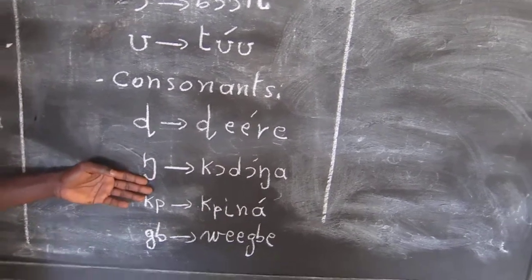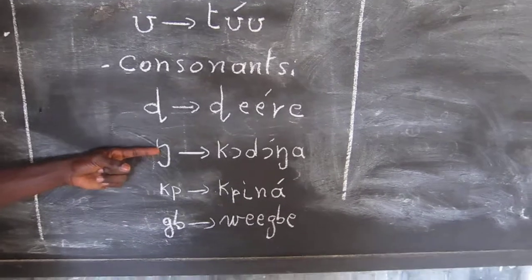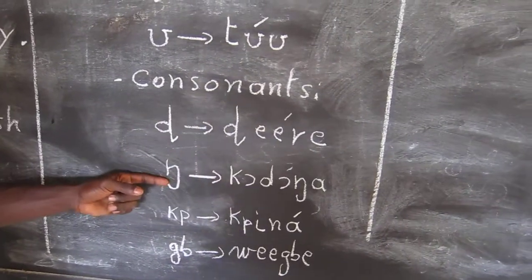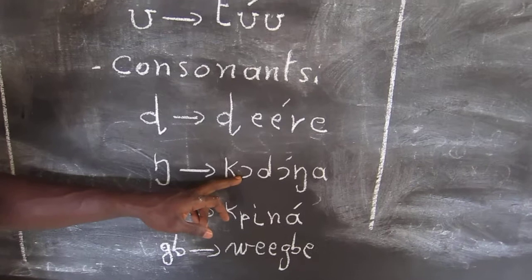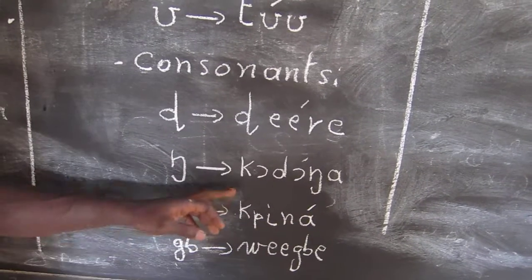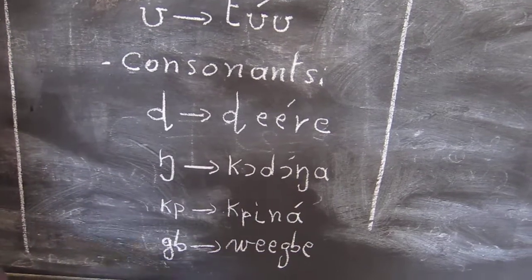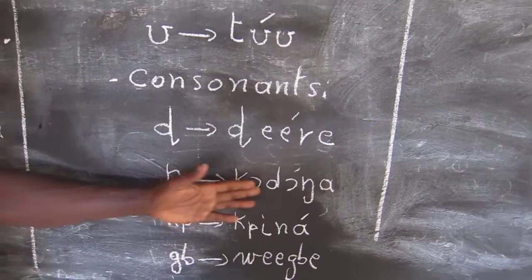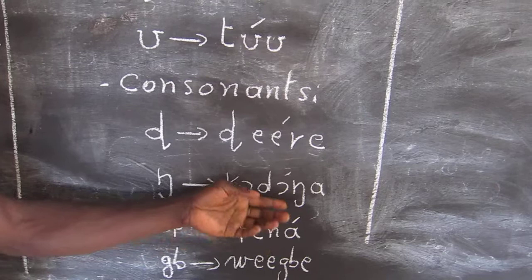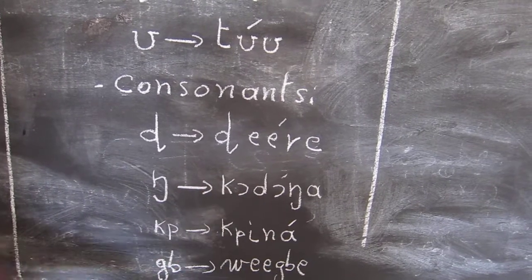And then we have this one, which is n, and we can find it in the word kodonga, which in English means laughing.